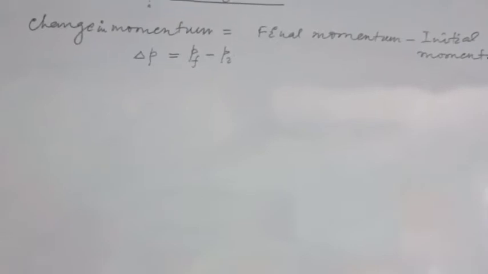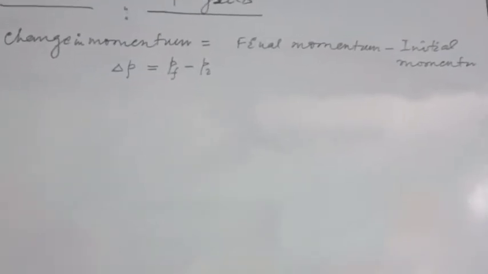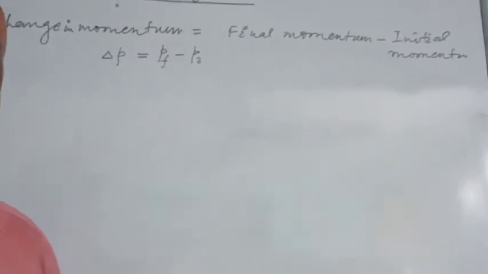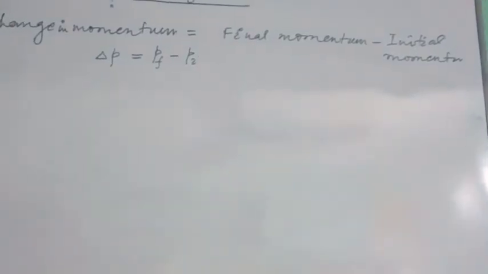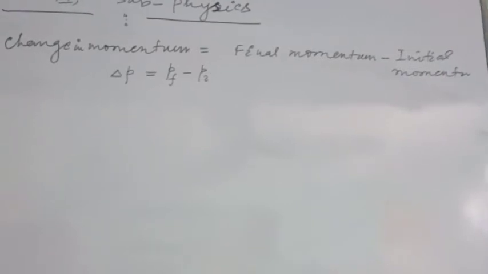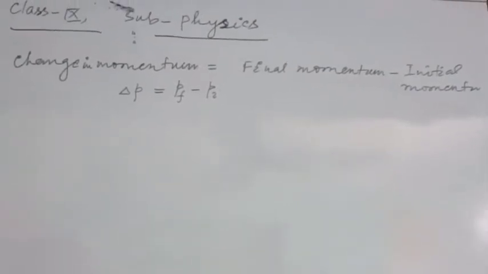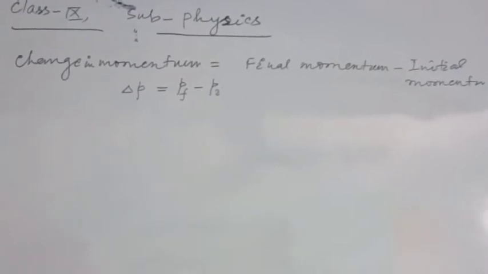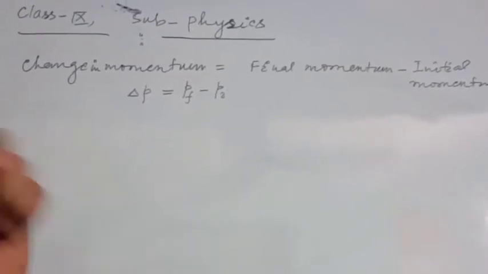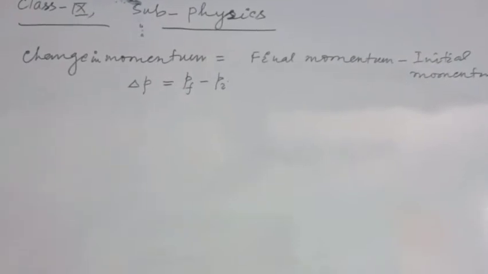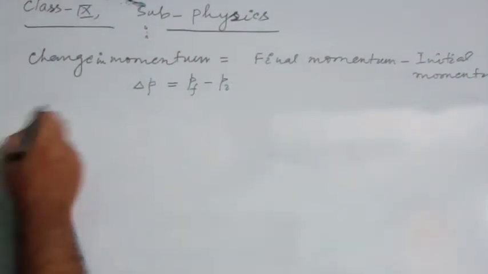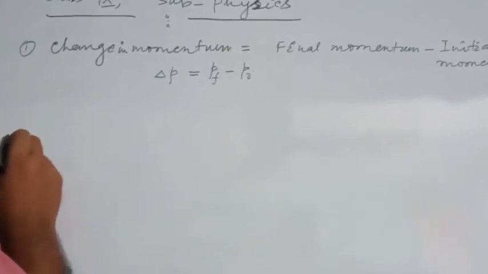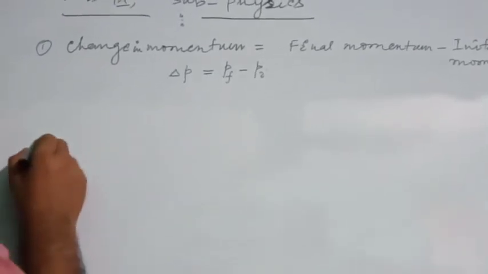The question is, which is responsible for change in momentum of a body? This is force. This is an unbalanced force. When you apply an unbalanced force on a body, its momentum changes. Take an example.